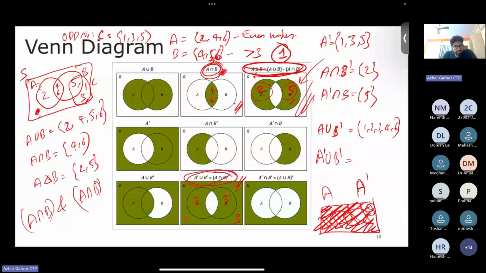Now, if you roll a die, we are sure that these two events are mutually exclusive, because getting 4 and 6 is exclusive to this event, and getting 1, 2, 5, 3 is exclusive to this event. And also, if you roll a die and any number comes up, it will be present in one of these two events. Such events are called mutually exclusive and exhaustive events.